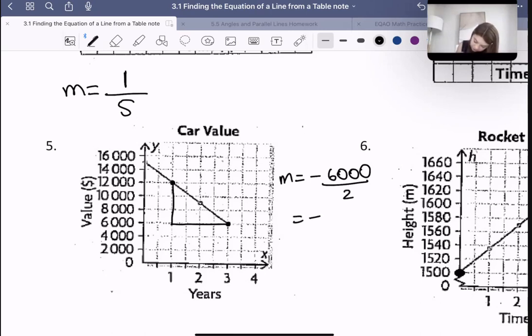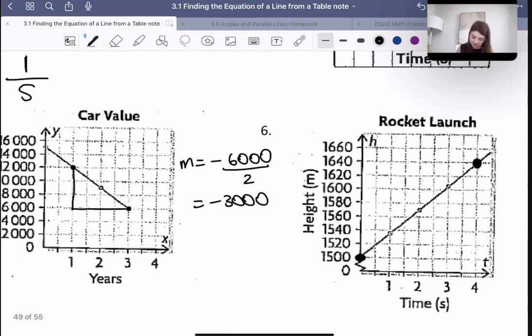Okay, so that means negative 3,000 is our slope, which means that every year that we own this car, we lose $3,000 of value on the car. Because cars in general, they do tend to lose value over time, unlike houses.